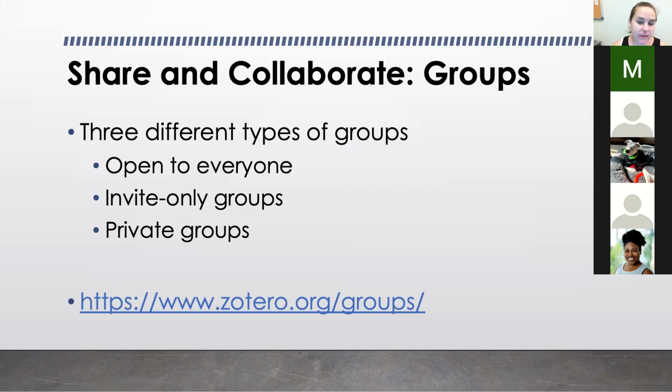And lastly, private groups. Those are completely hidden from the Zotero master list. They are invite only, so you can create them and then invite classmates or whomever. They're just not findable within Zotero's website for anybody to see.